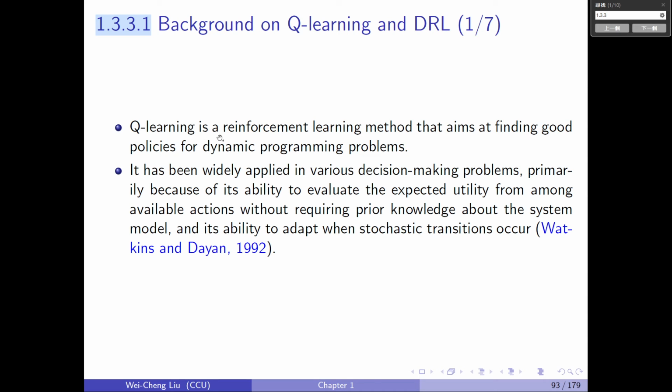Q-learning is a reinforcement learning method that aims at finding good policies for dynamic programming problems.